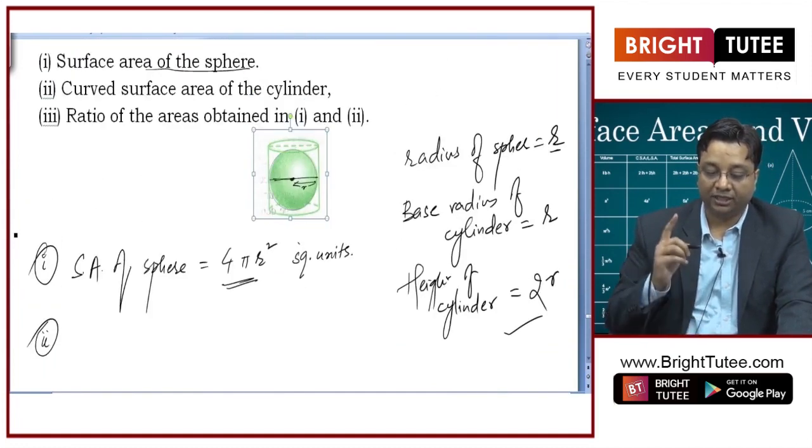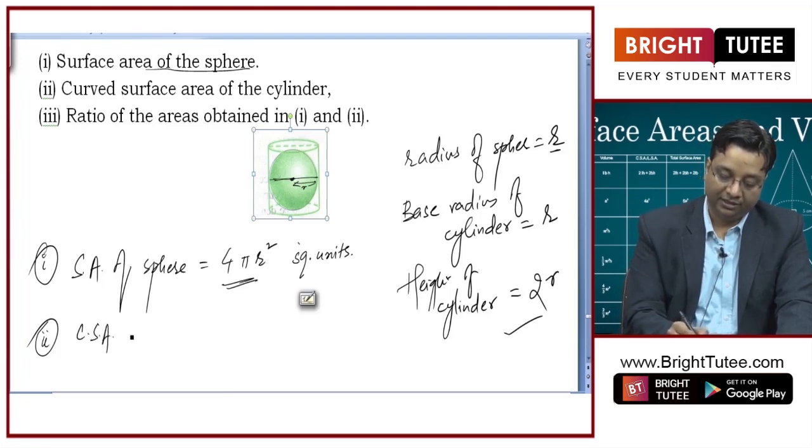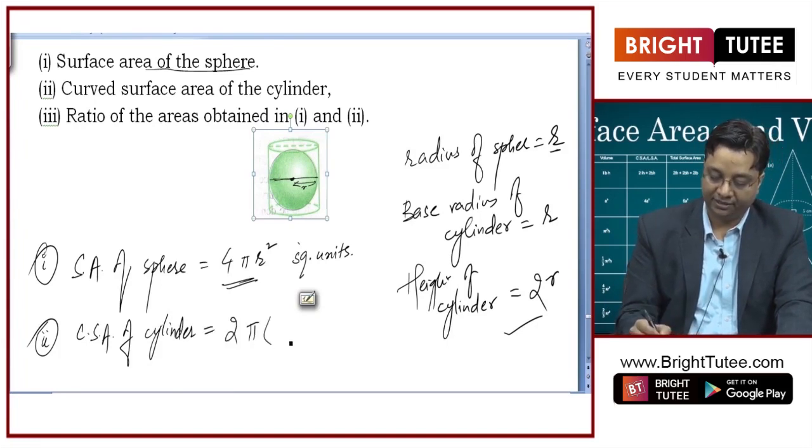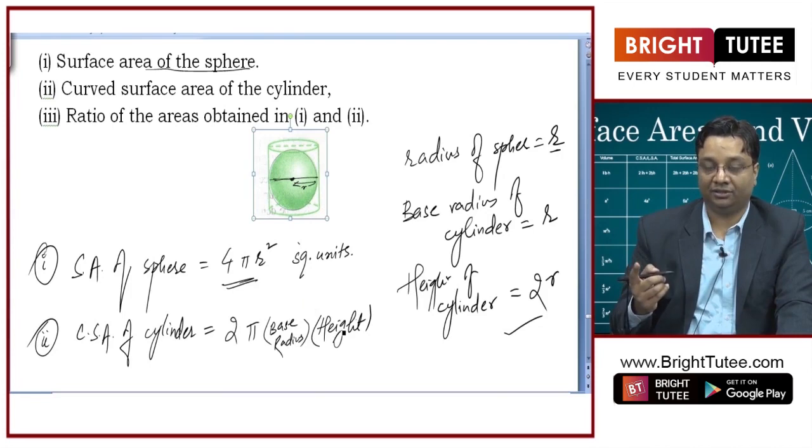Second part, we need to calculate curved surface area of this cylinder. Curved surface area of cylinder is 2 pi base radius into height. Generally we have learnt this formula as 2 pi rh. Okay.